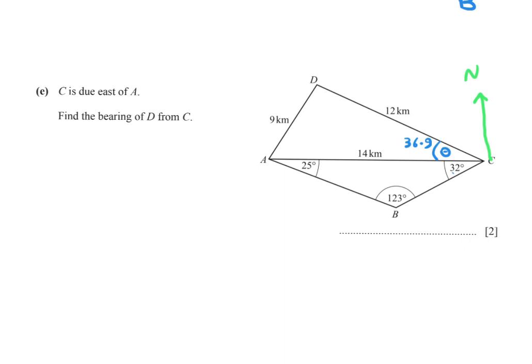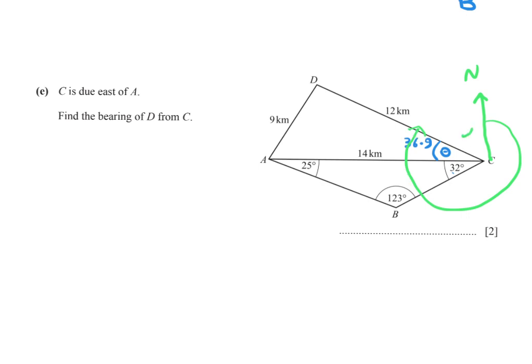The bearing of D from C starts from the north and moves clockwise till you reach the line DC. So this is the bearing we need to find. Because this is the north and this is the east-west, this angle is 90. But we found theta, which is 36.9, so we can find this angle. The bearing is 360 minus that angle.